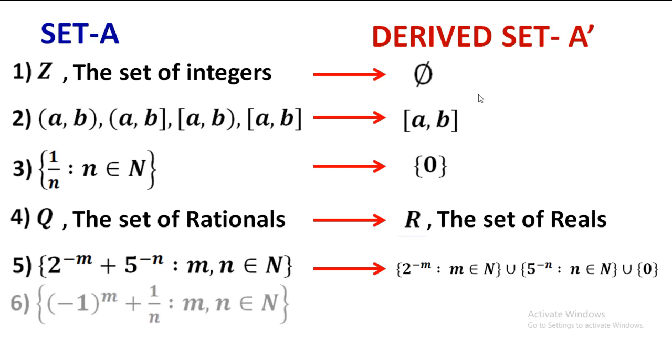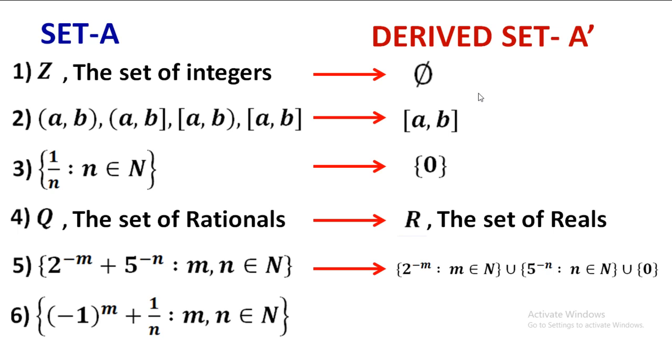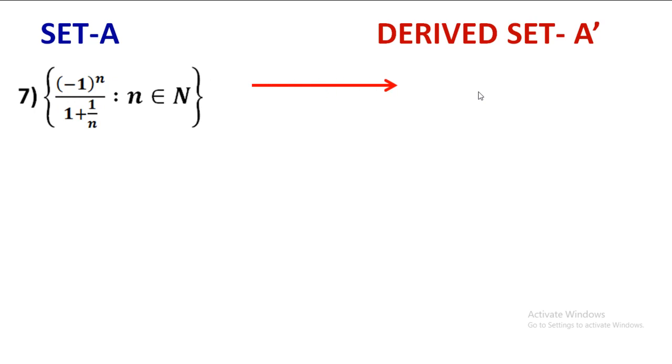Next, sixth, minus 1 whole to the power of m plus 1 by n, such that m comma n belong to the set of natural numbers, whose derived set is minus 1 comma 1. Next, minus 1 whole to the power of n into 1 plus 1 by n, such that n belongs to the set of natural numbers, whose derived set is minus 1 comma 1.